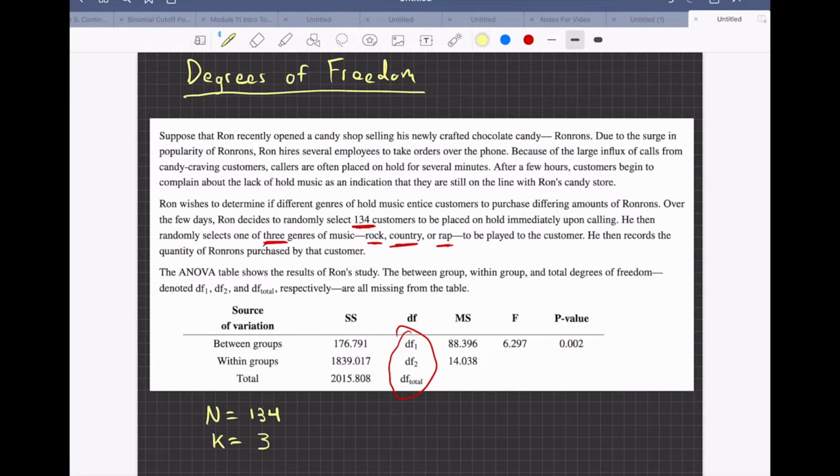Three. Now with this, the degrees of freedom 1 is computed by K minus 1. In this case it will be 3 minus 1 equal to 2. And degrees of freedom 2 is N minus K, equal to 134 minus 3, that is 131.